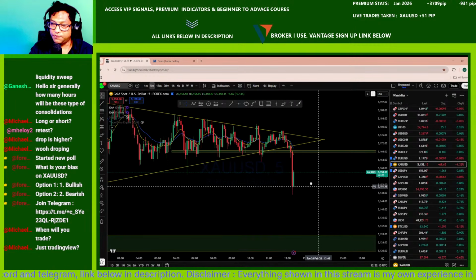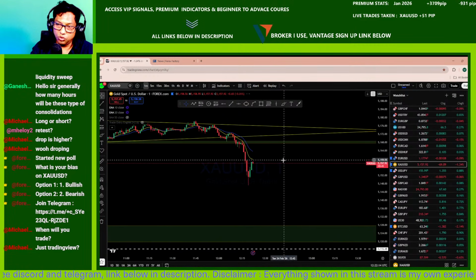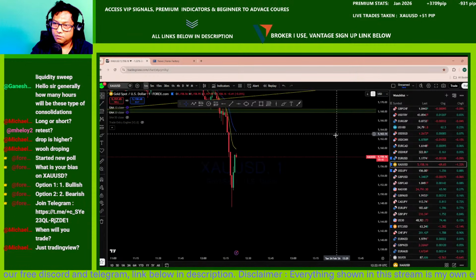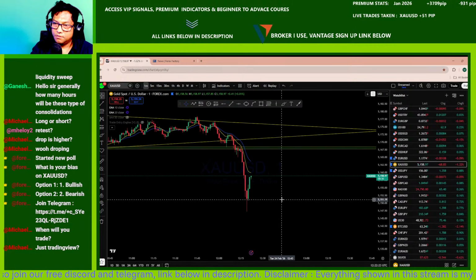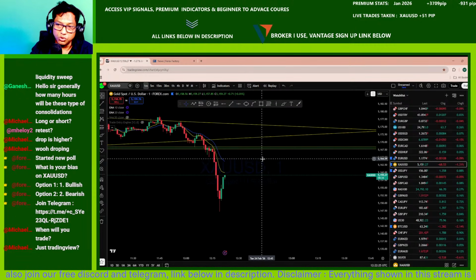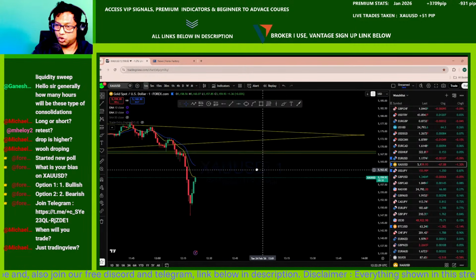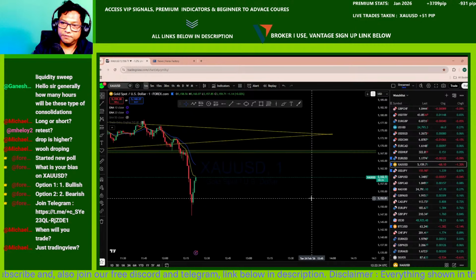Here's the drop. We're expecting the market to break below further, and you can see the price is slowly building its momentum here back above. And with this bounce, we will be looking at this market structure to show us an entry.